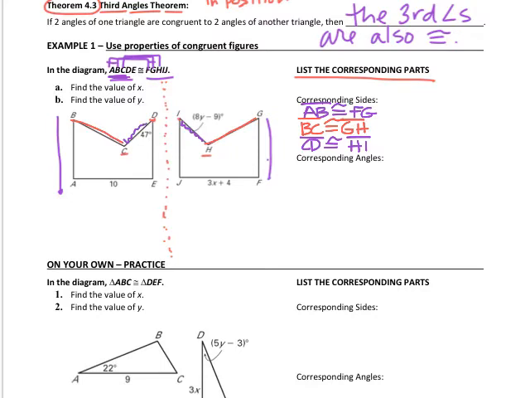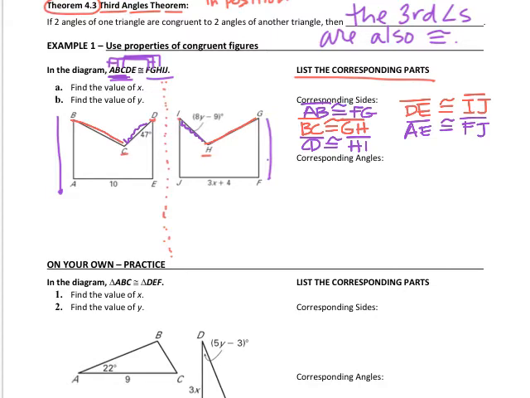All right, and then we have DE in the left figure, and DE is corresponding to IJ. And since it's a segment, of course, we put the line over top. And then our last corresponding side pair is going to be AE, is congruent to FJ.